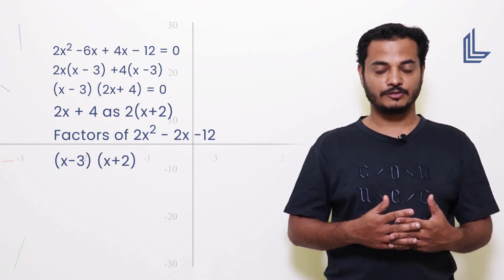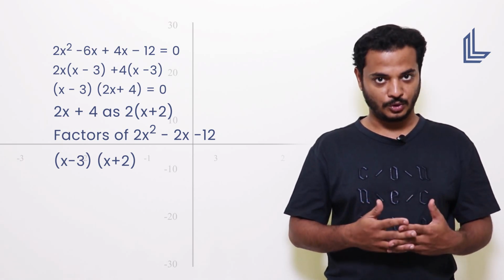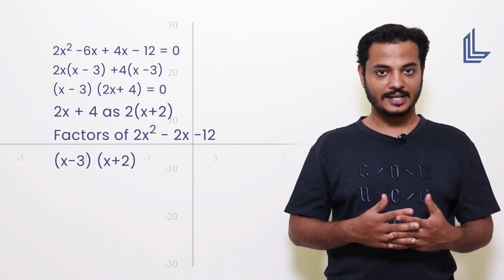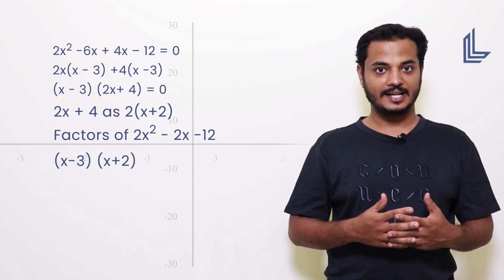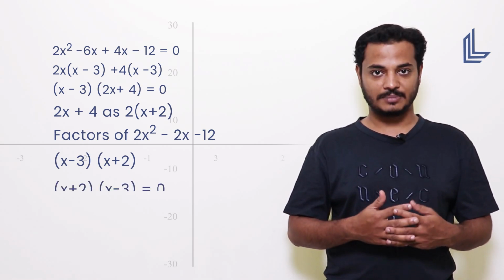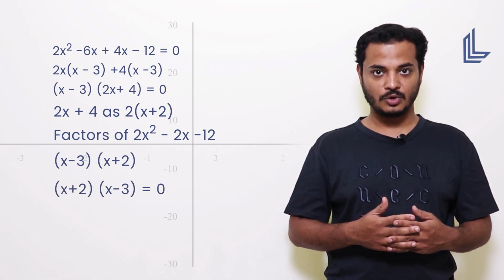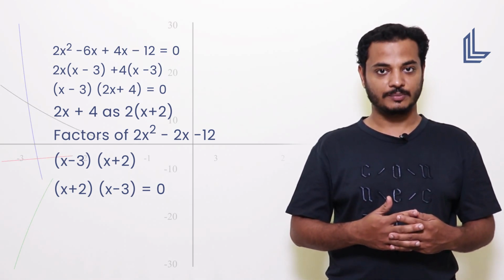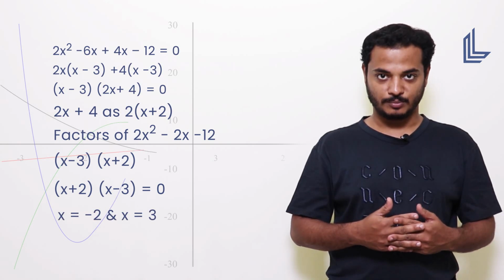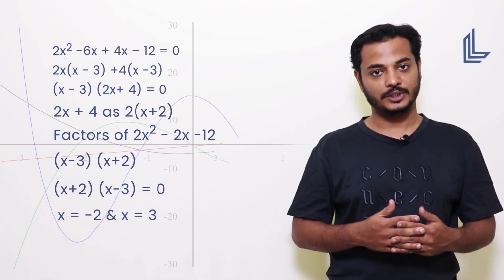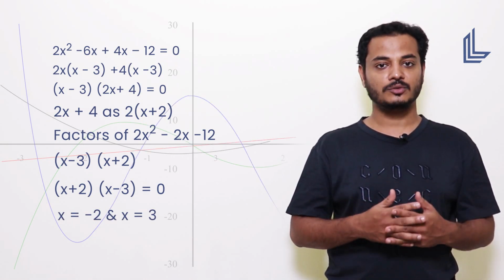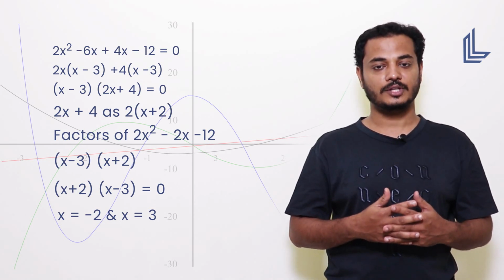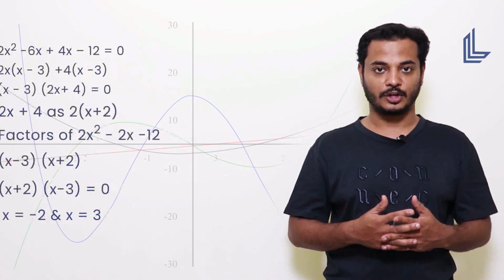To find the zeros of the polynomial, we equate it to 0. Now we can see that either x plus 2 has to be 0 or x minus 3 has to be 0, which means x is equal to minus 2 or x is equal to 3. So there you go, these are the zeros of the quadratic polynomial that we were talking about.